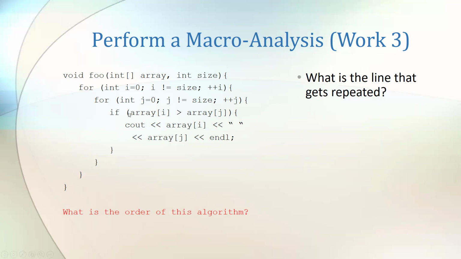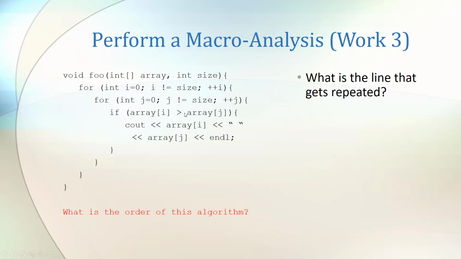What is the line in this thing that gets repeated over and over? The cout? Well, that one does not happen every single time this thing runs, because that cout only runs when array at i is greater than array at j. So the line that actually repeats is the Boolean statement.